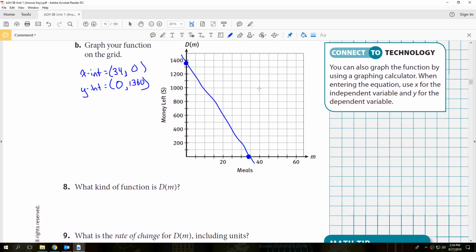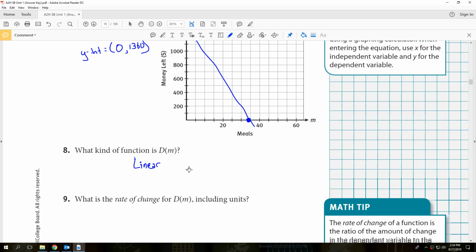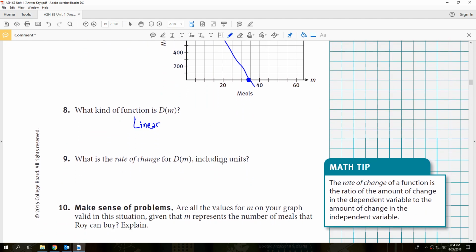All right, so what kind of function is d of m? Well, again, we have a linear function. It is a line, constant rate of change, and they're asking what is the rate of change, including the units. So the rate of change, well, how much are we going down for every meal? Well, that is negative $40. There are a few different ways to write this, but I'm going to say negative $40 per meal.